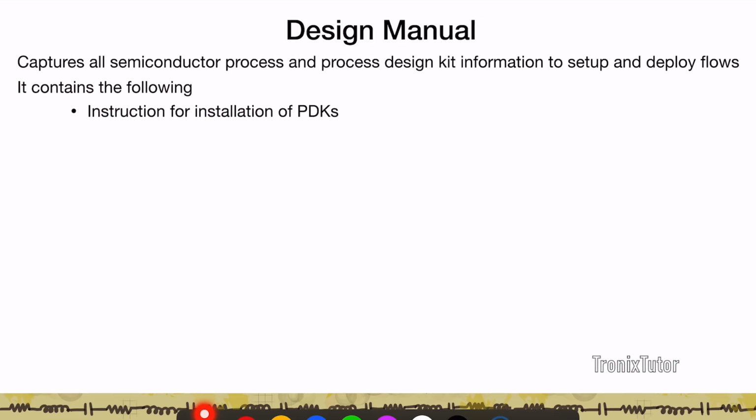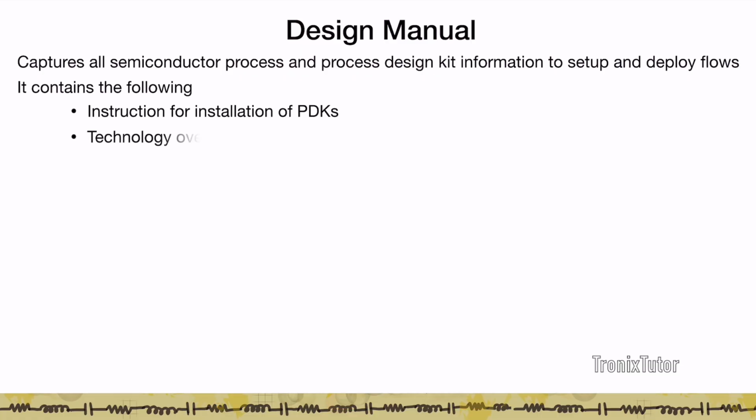Now, what is a design manual? A design manual captures all the semiconductor process and process design kit information for setting up and deploying all the necessary flows required in setting up a design flow.